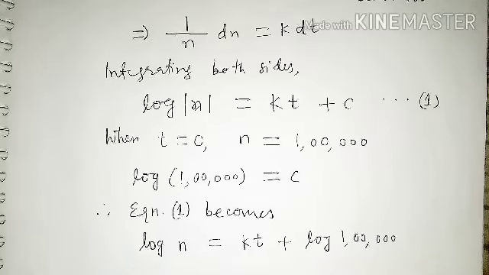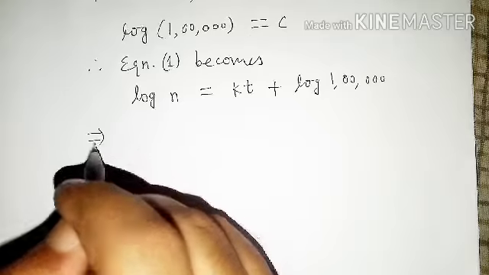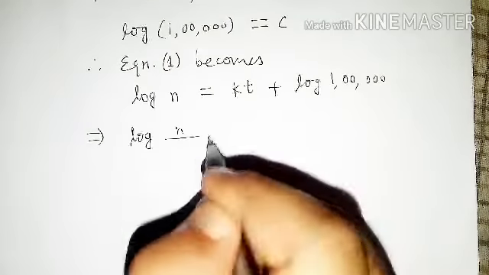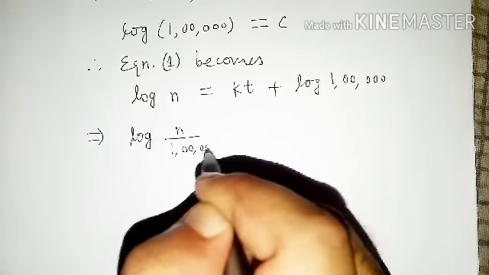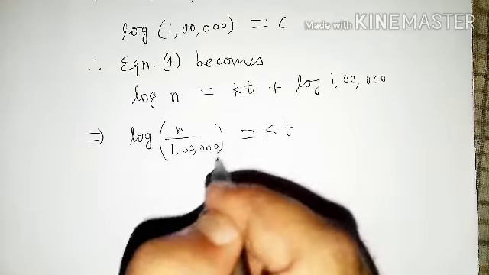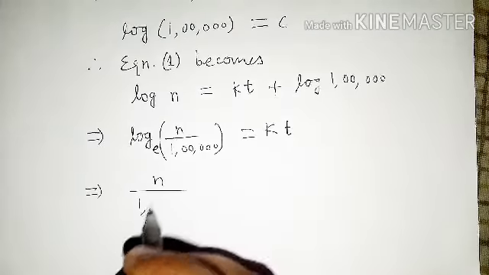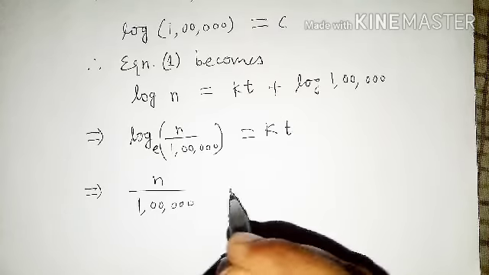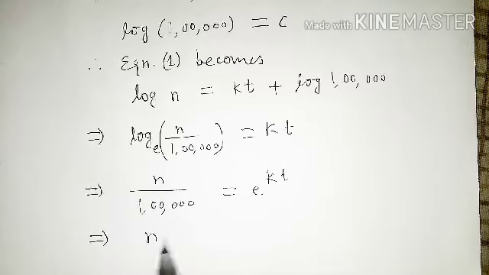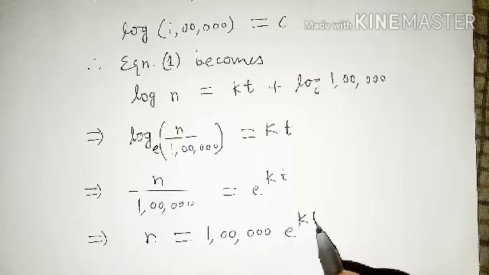From here we have log n by 1 lakh is equal to kt. Here base e is hidden, so n by 1 lakh is equal to e to the power kt. This implies that n is equal to 1 lakh e to the power kt.